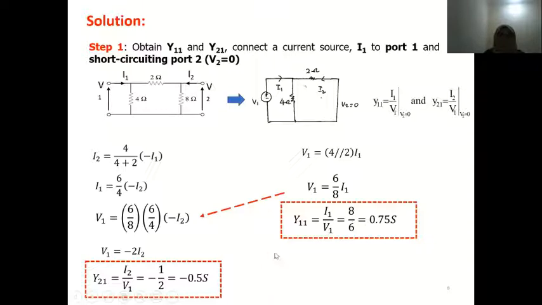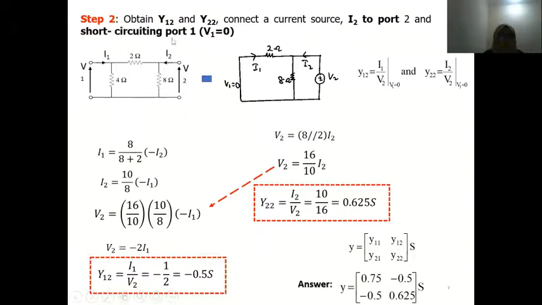Now you have your Y11 and Y21. The next step is to obtain Y12 and Y22, by connecting the current source I2 to port 2 and short circuiting port 1, where V1 will equal 0.